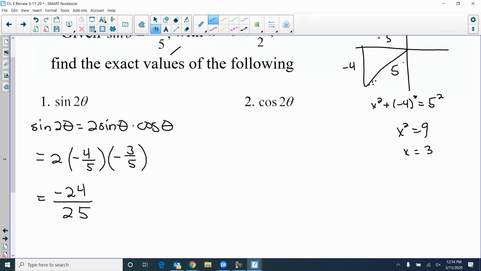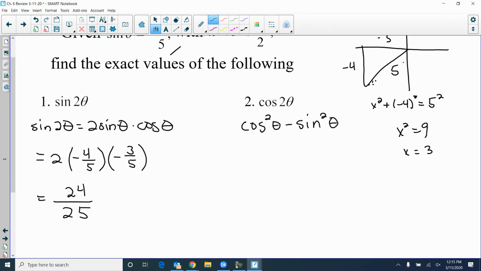Okay. All right, cosine 2 theta, how many options you got? All right, cosine 2 theta, I think the first one's cosine squared minus sine squared.